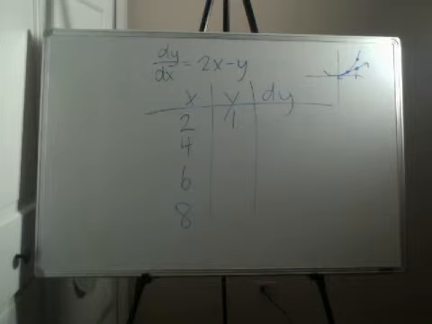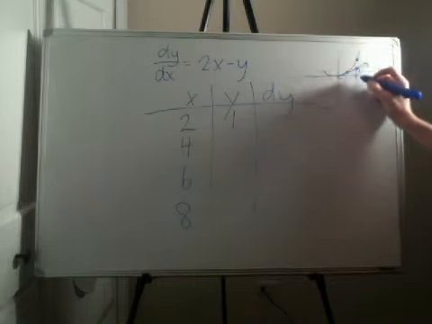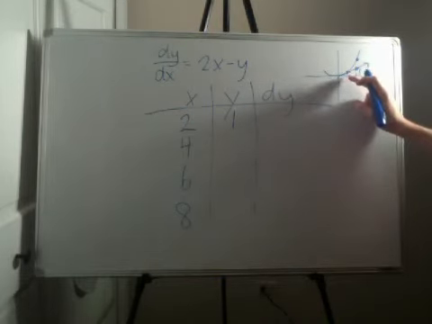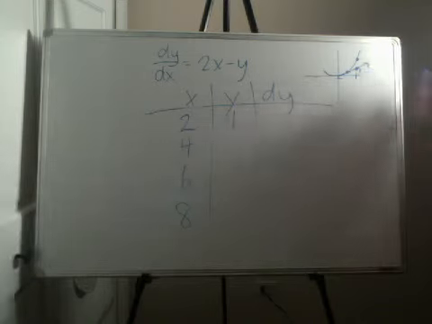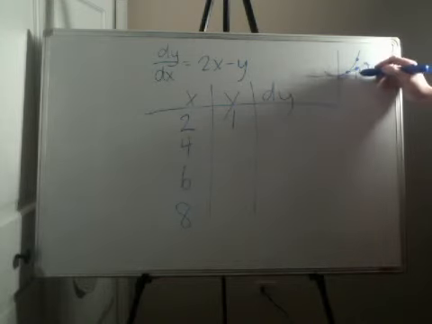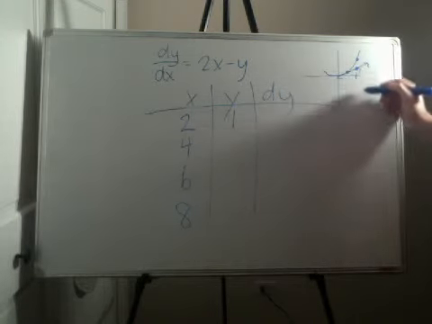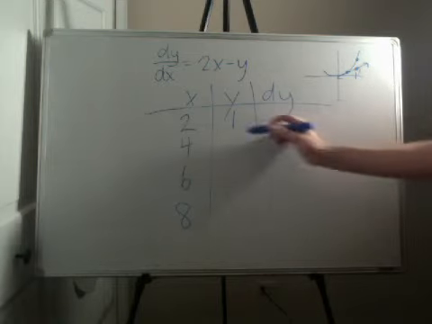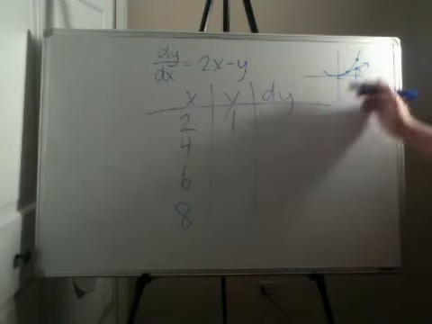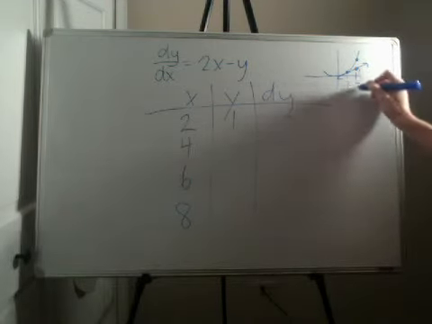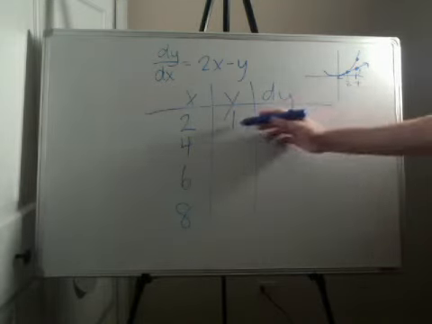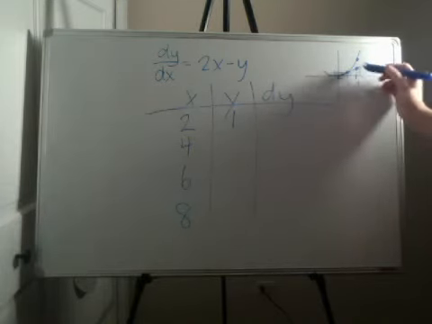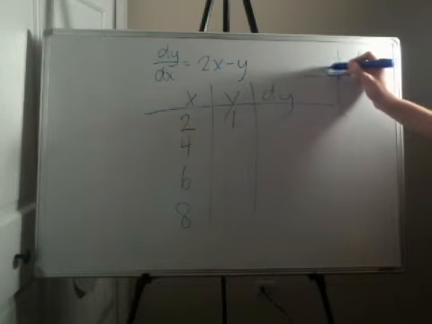So we want to find out what this is, and then we want to add it to that, because this is what the original one is. The dy is going to be what you're adding to it, because that's the new difference in y. And then you're going to get what the next point is. So for example, if this was 2 and this was 4, then you're going to take the y at 2, which is 1, add the dy, and get 1 plus dy.